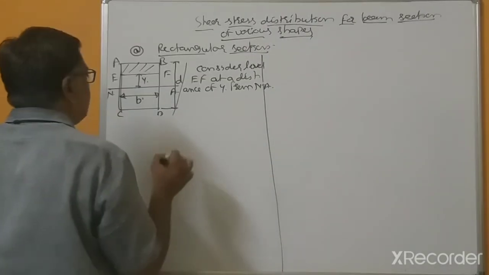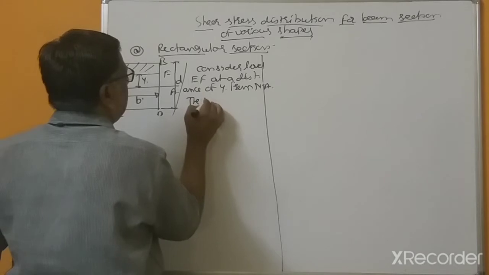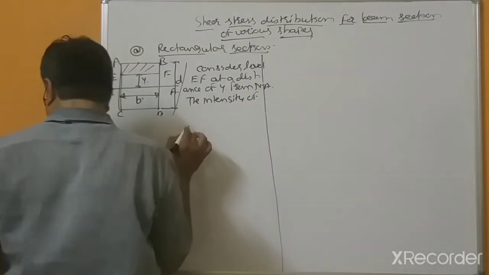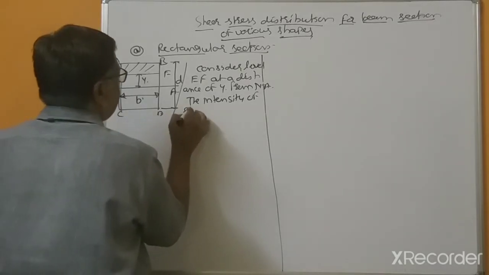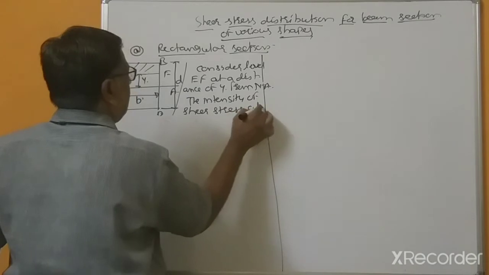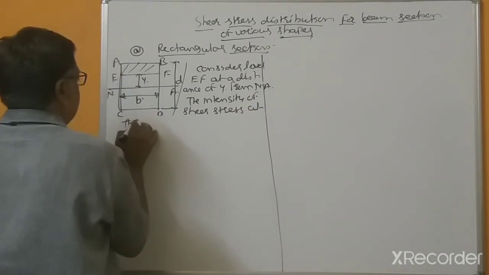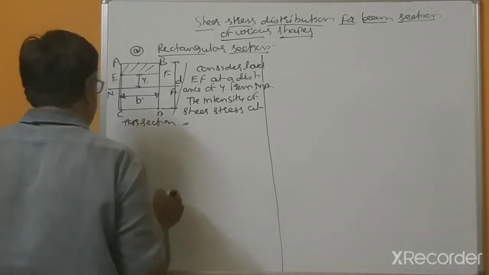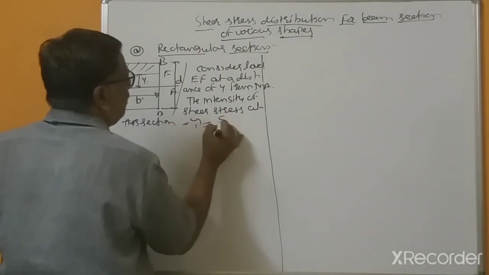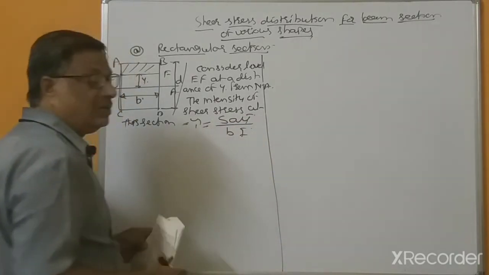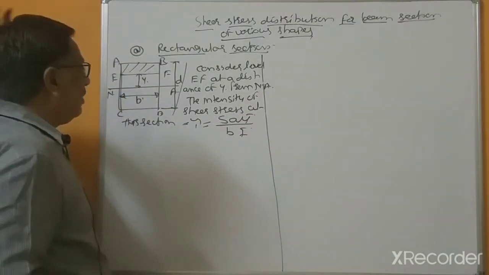The intensity of shear stress at this section is tau equal to formula S A Y bar divided by b I.